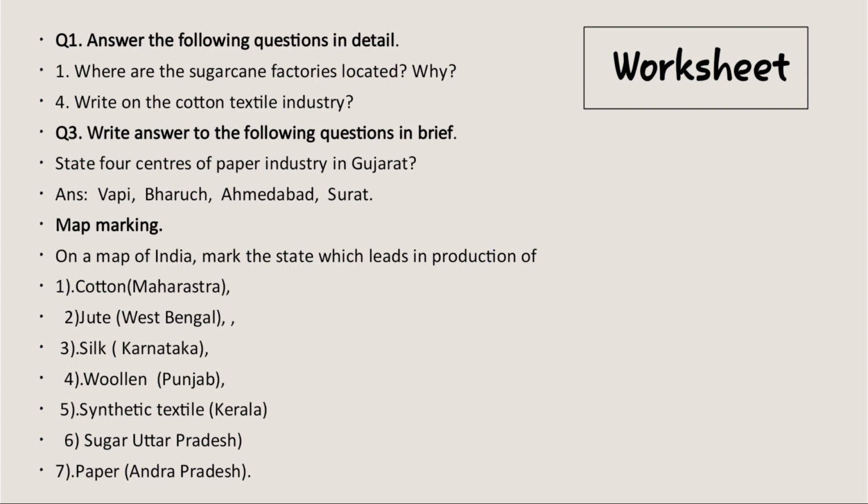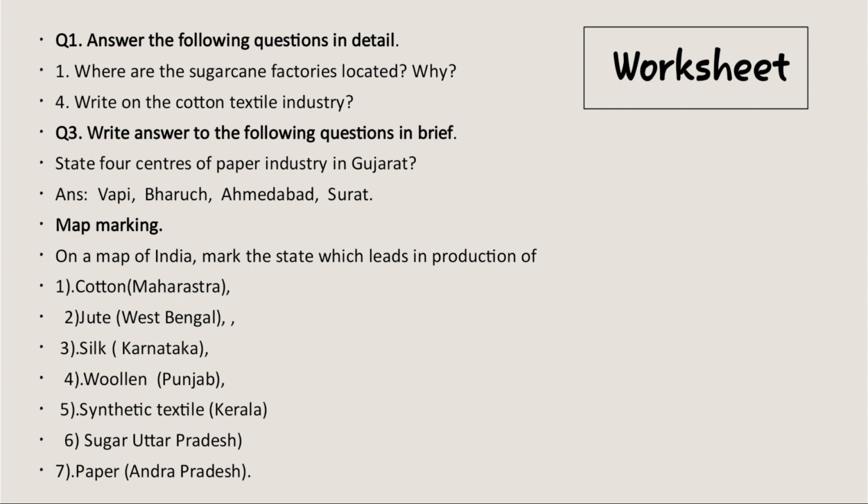In the textbook, that is not mentioned. So please, you can write the answer. I have given Vapi, Bharuch, Ahmedabad, Surat are the main centers of paper industry in गुजरात.